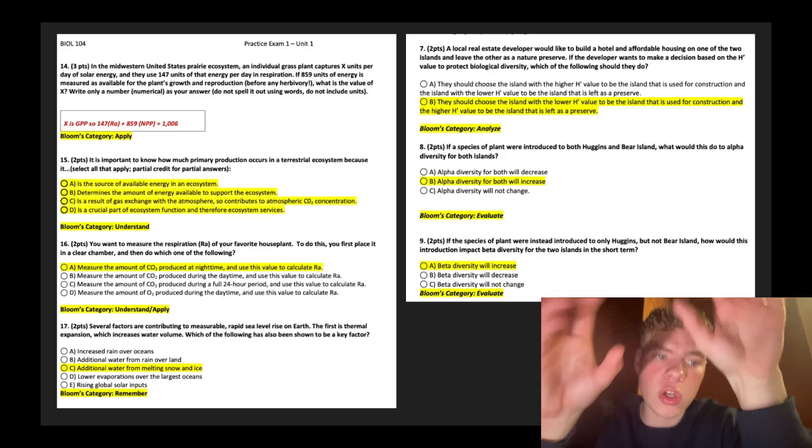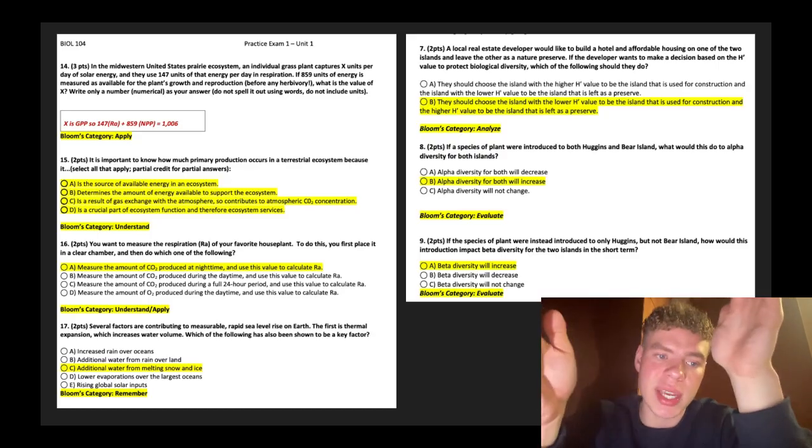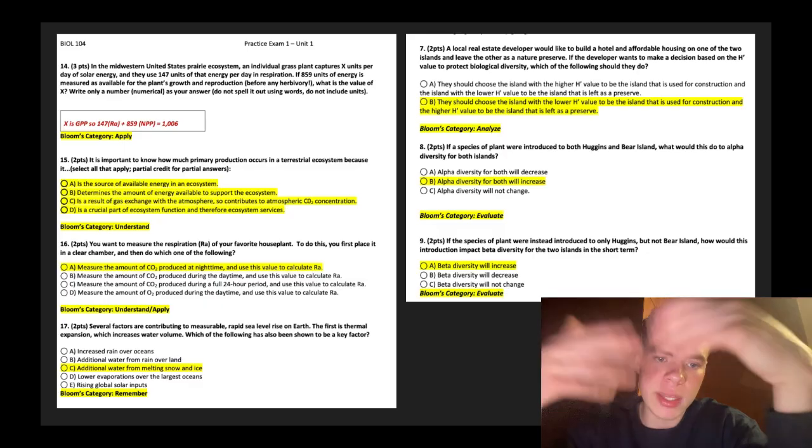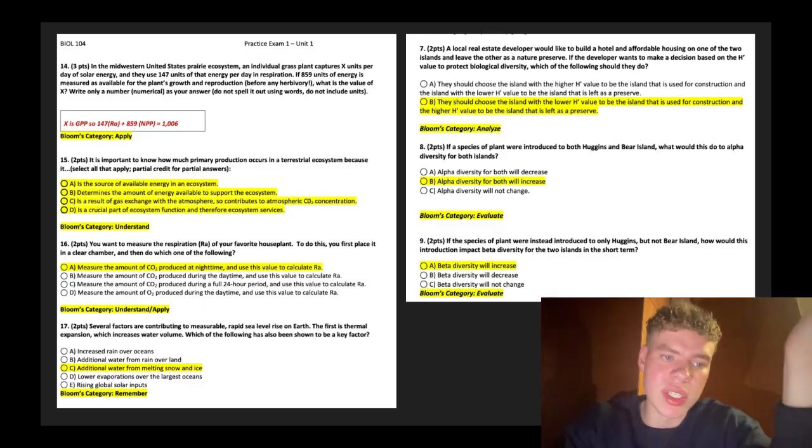So when you add them together, X would be 1006, which would be GPP, the original amount of energy in the ecosystem. So 1006 units, whatever.